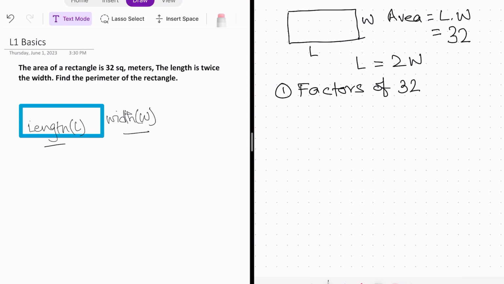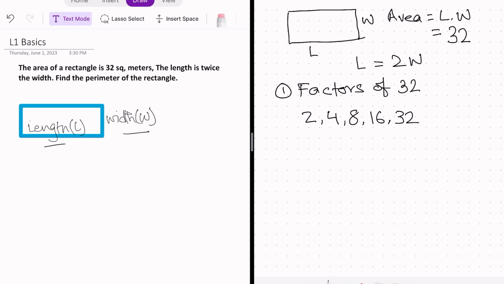So factors of 32 are 2, 4, 8, 16, and 32.